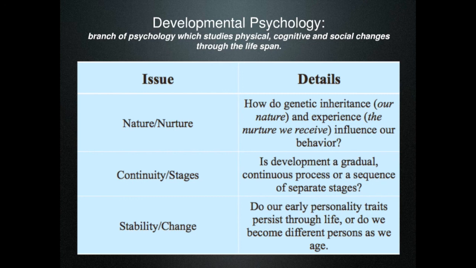Piaget would say that's not possible. You're either in one stage or you're in another, and your development jumps up in these sequences of separate stages. And then the key question we struggle with is stability: does it persist through life, or do we become different persons as we age?